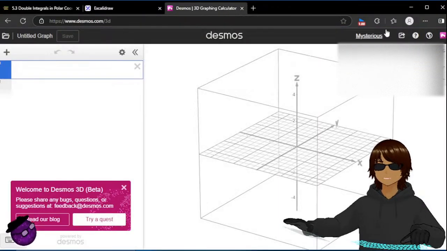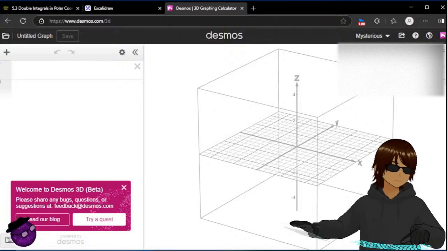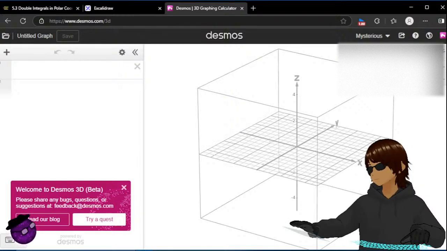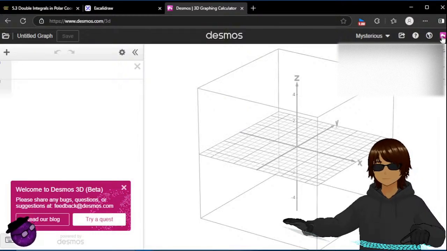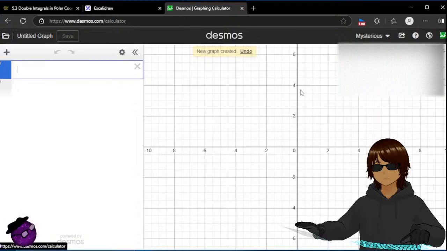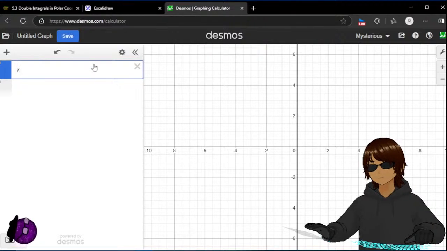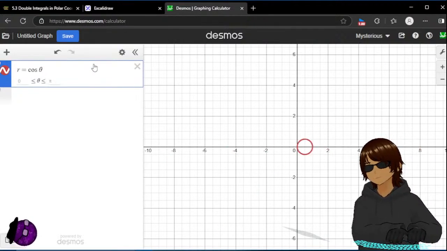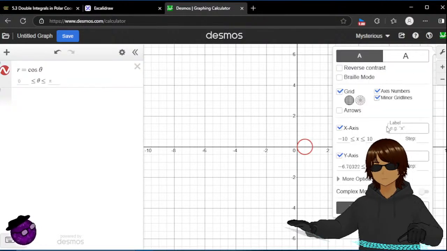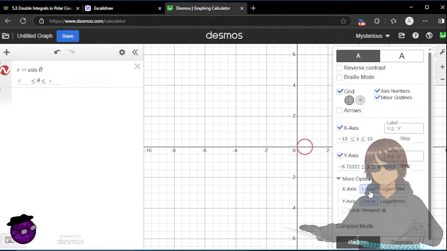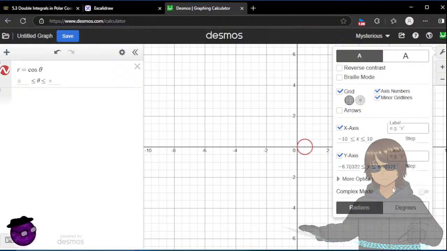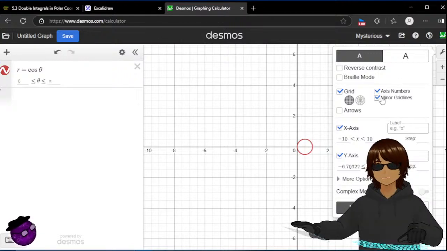So wait, let me plot this. Hold on. How do I do it in polar? Right here.